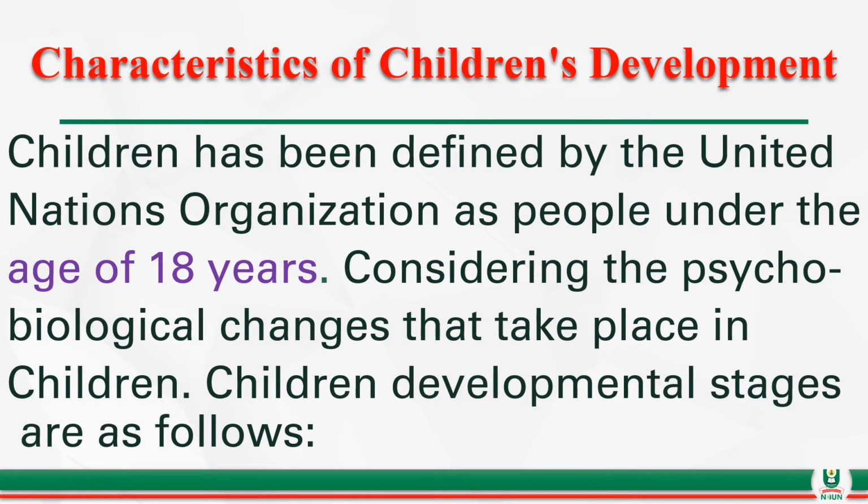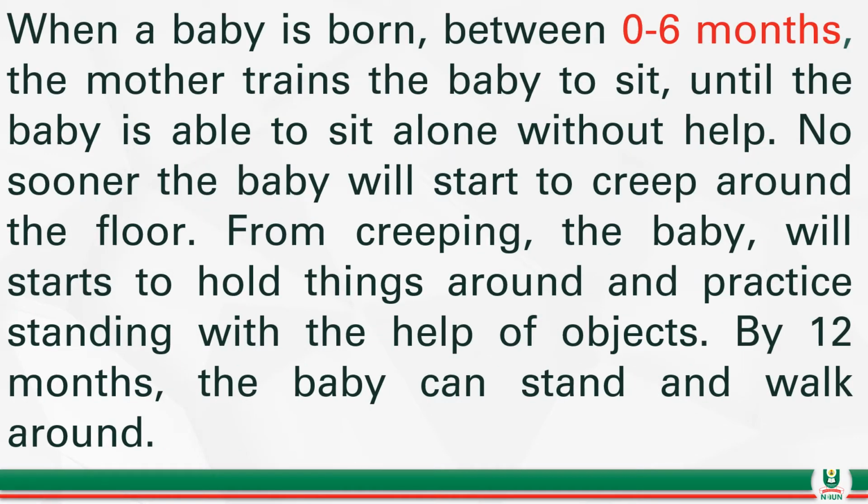When we consider the psychological and the biological changes that take place in children, this is what characterizes them as children. These developmental stages are in stages, and they are as follows.